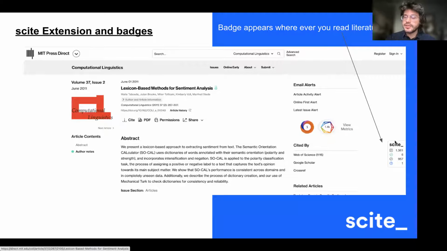So the badge, with the extension, allows you to have a small summary of what other publications are saying about this publication.